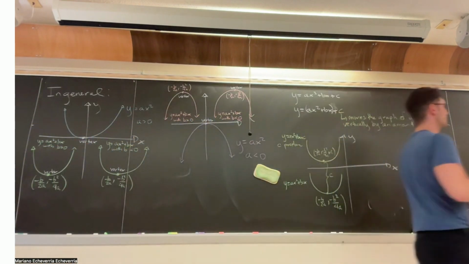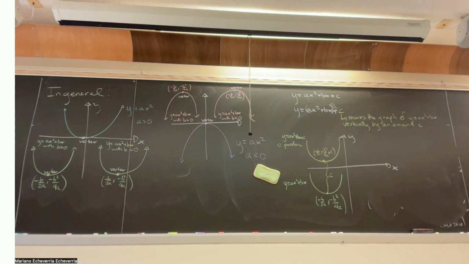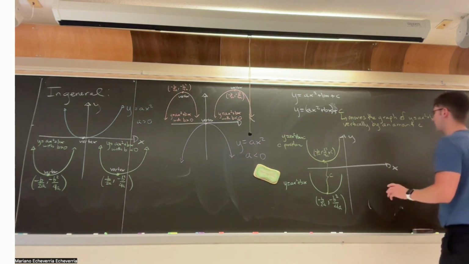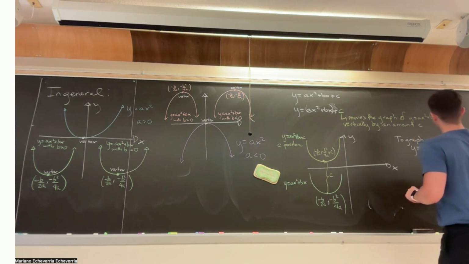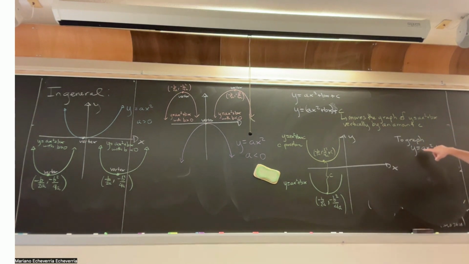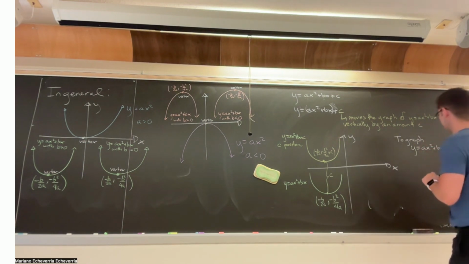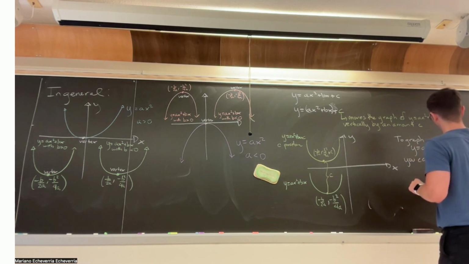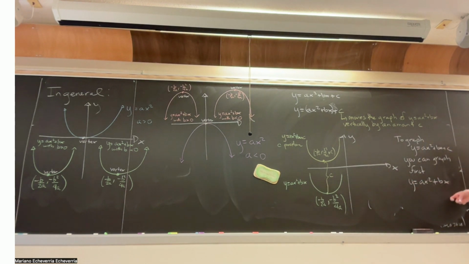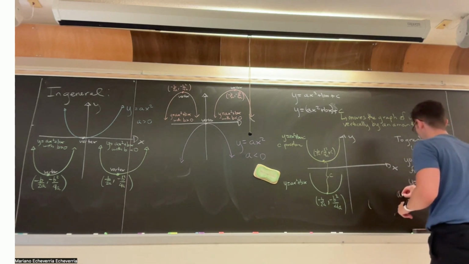Essentially, what I'm trying to say is that to graph a parabola, you can graph first the stuff without c, and then you just do a translation. This is really the important stuff, and then the plus c just moves it up or down.